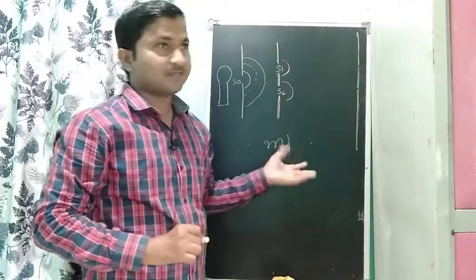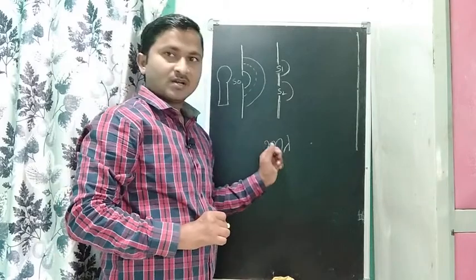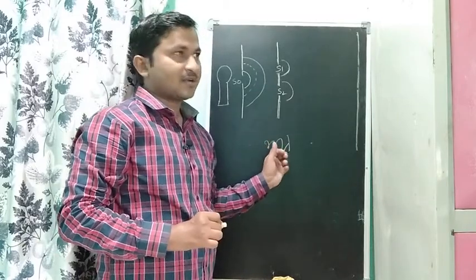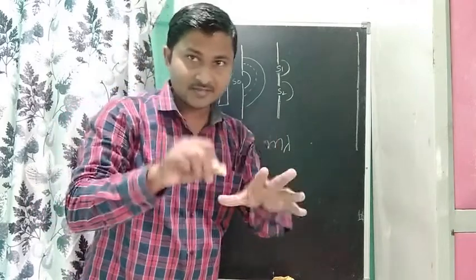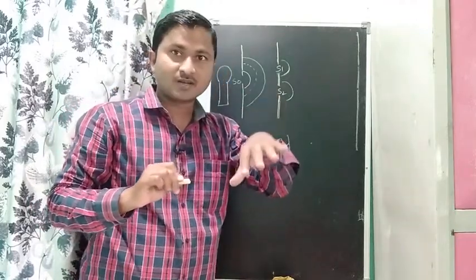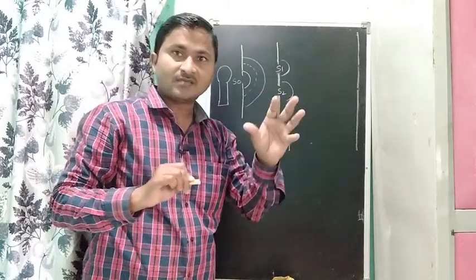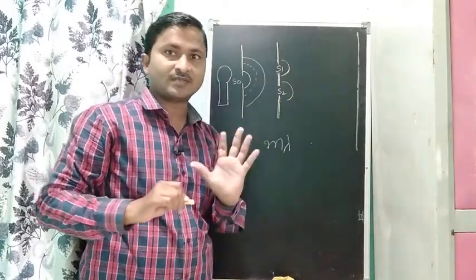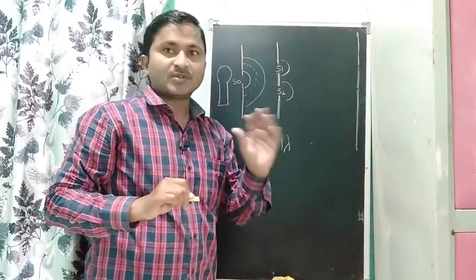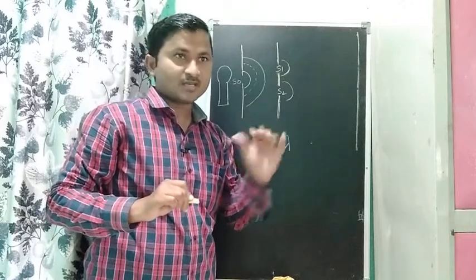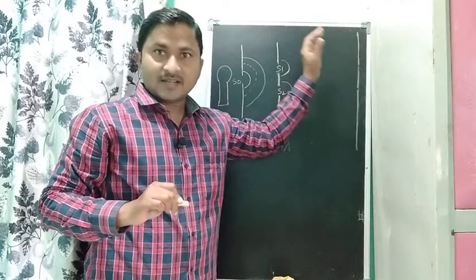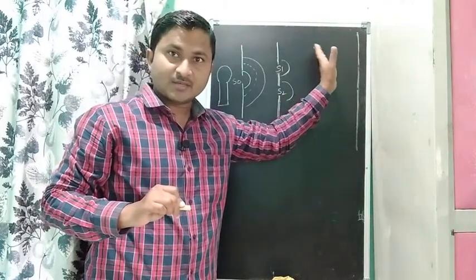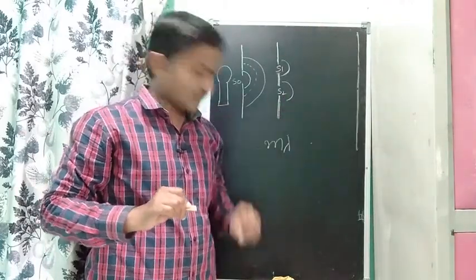Whenever the path difference is 0, lambda, 2 lambda, 3 lambda, 4 lambda, and so on, the waves undergo superposition in phase. That means the crest of one wave falls on the crest of another wave, and the trough falls on the trough of another wave. Due to the constructive superposition, the resultant amplitude is maximum and the intensity of light is maximum at that point. So a bright region is formed.